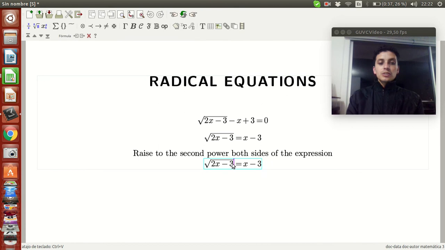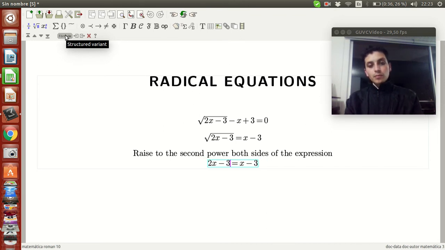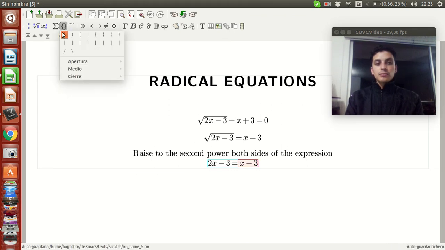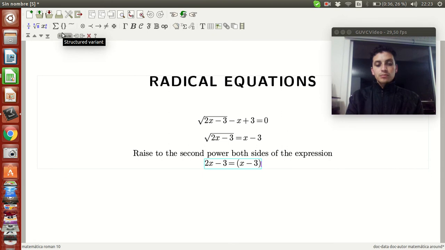If we raise this expression to the second power, we're going to get rid of the root, and if we raise this side of the expression to the second power, we're going to have a perfect square trinomial: x squared minus 6x plus 9.